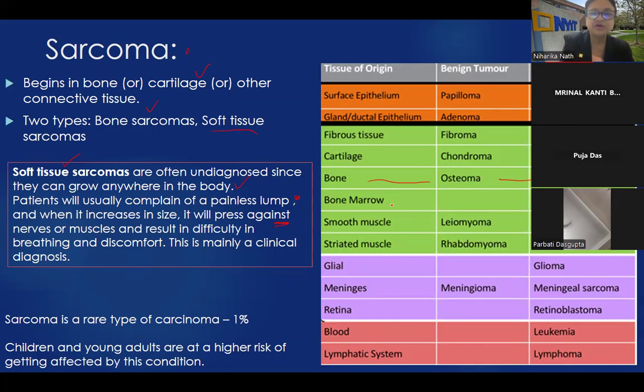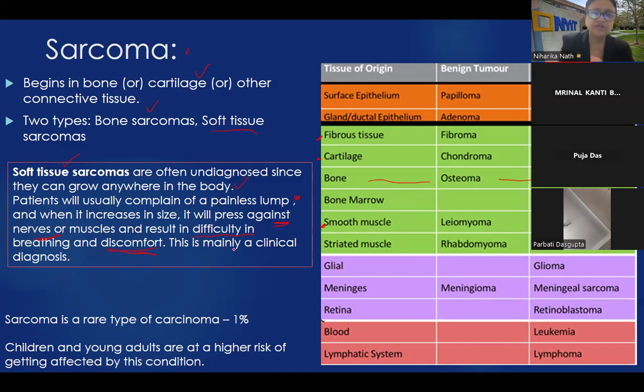So for these fibrous tissues, they will lead to pain only when it really hits the nerves and the muscles. And that's when they can cause difficulty in breathing and general discomfort. That's the clinical diagnosis.